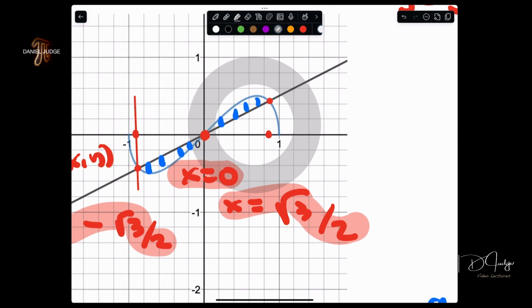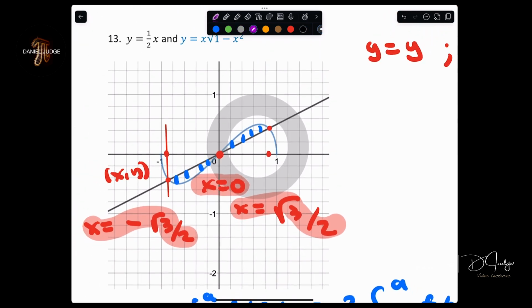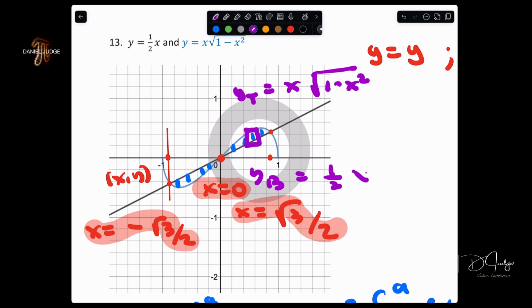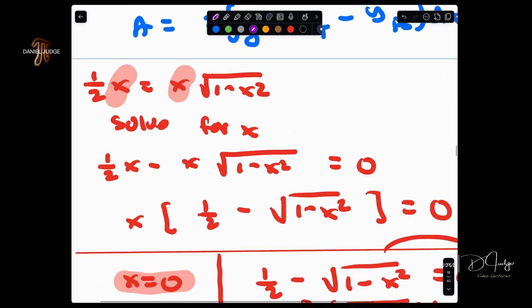That's kind of nice because when I draw my approximating rectangle, I can identify the top curve now. It's the blue curve, which is not the line. So the top curve, y top, is x square root 1 minus x squared. The bottom curve is the line, 1/2 x. So, all right, we got top and bottom.